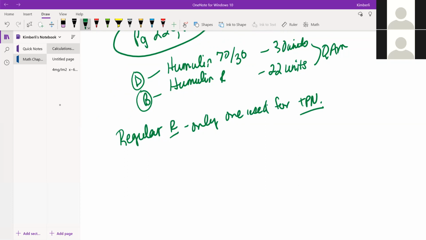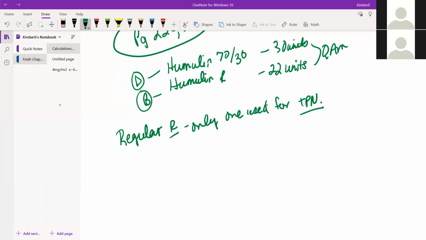So sometimes we don't always know, but for a general rule, you want to make sure that you read that paragraph because it tells you which one is which, and you're going to do the clear before the cloudy. So if you look at it and one is clear and one is cloudy, you want to draw up the clear one first. Different sources of insulin cannot be mixed in the same syringe. Lantus and Levemir, 2 long-acting insulins, can never be mixed with any other type of insulin.